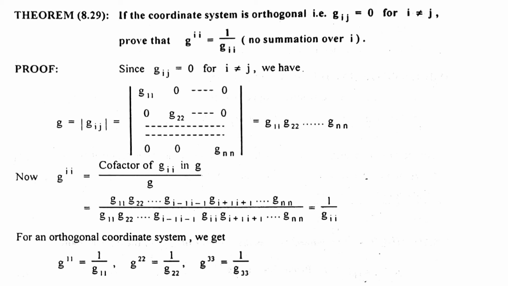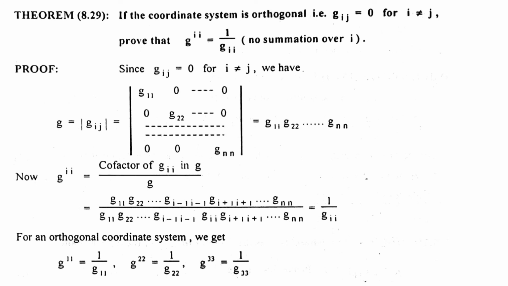The cofactor of g_ii in g is g11, g22 up to g_(i-1)(i-1), and next g_(i+1)(i+1) up to gnn, and g is given as g11, g22, g33 and so on up to gnn. All terms cancel, only one term remains, which is 1 over g_ii.